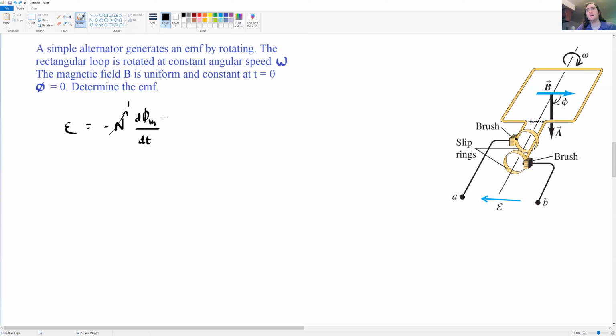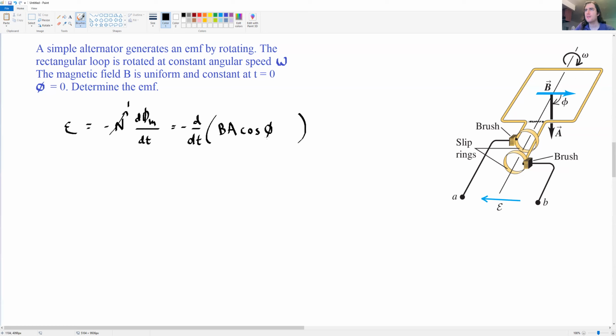So, the rate of change of the magnetic flux. Well, what is the magnetic flux here? Minus d by dt of what is the magnetic flux? Let's fill in what it is. If phi is 0, then that means all of the magnetic field is going through that area. The magnetic field is uniform, so it's going to end up being B times A. And we could put cosine of phi here.